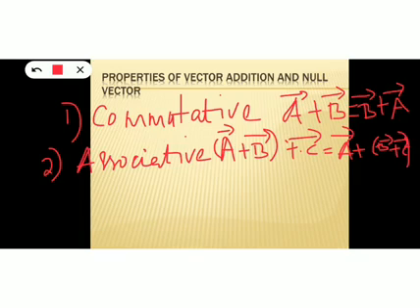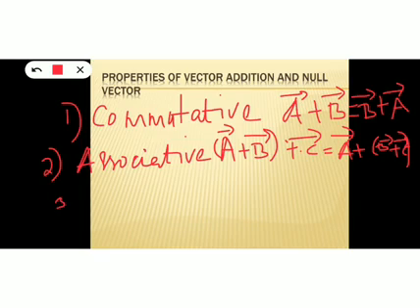So (A + B) + C is equal to A + (B + C). This property is known as the associative property. Vector addition obeys the associative law.